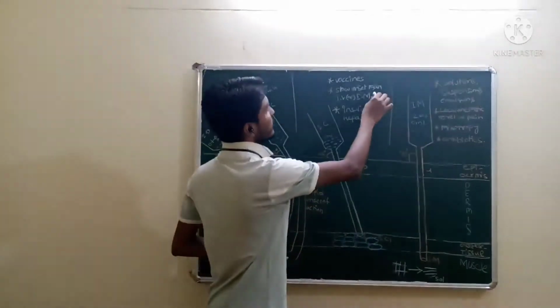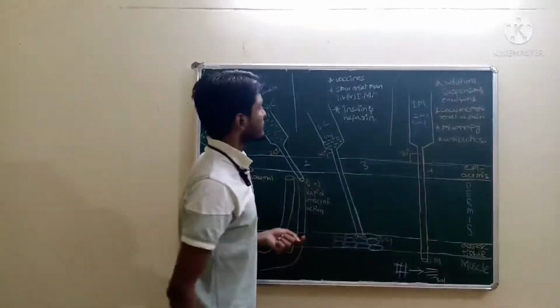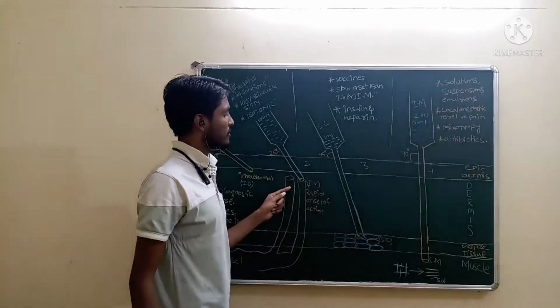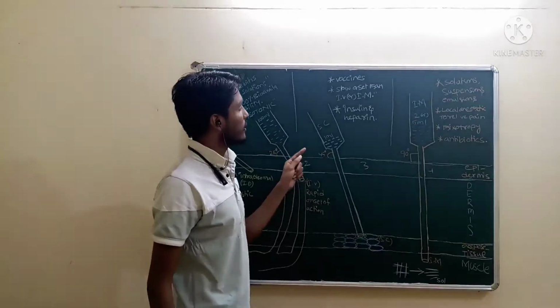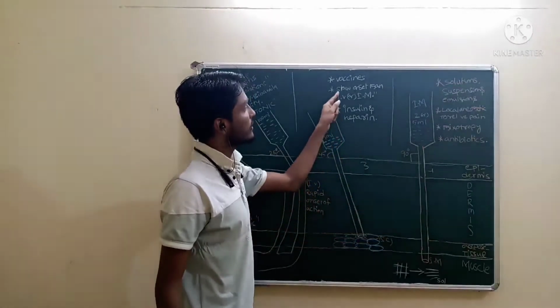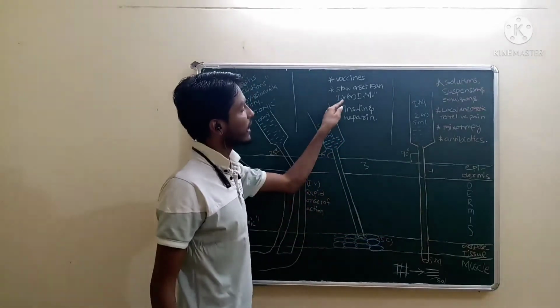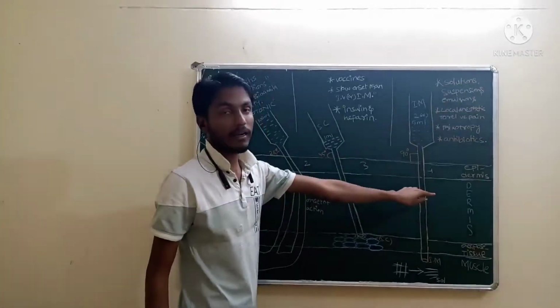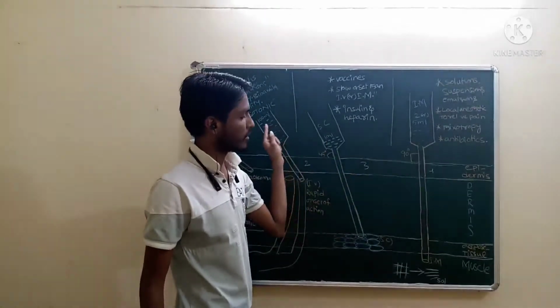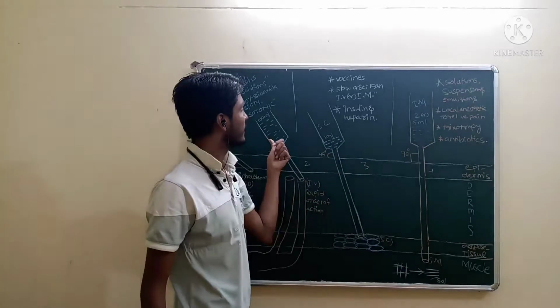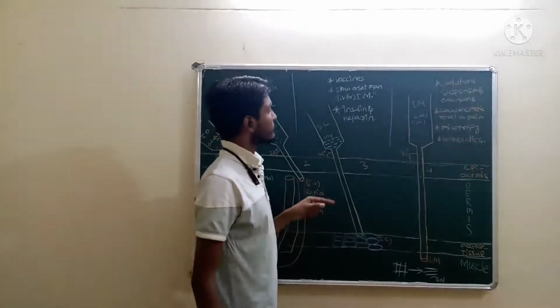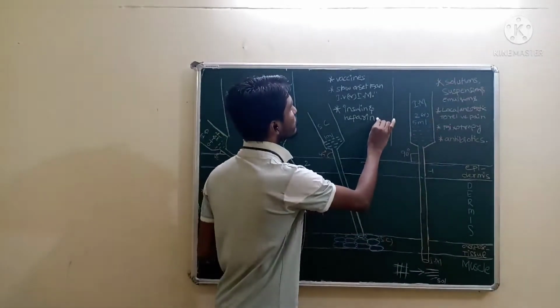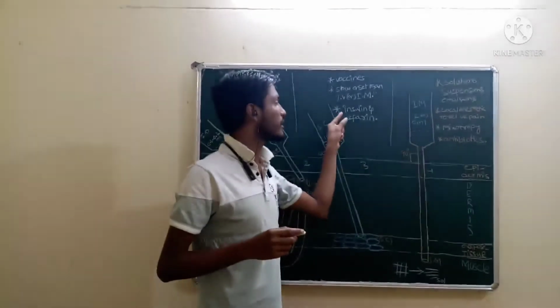Subcutaneous has slow onset of action, while intravenous has rapid onset of action. So what are the drugs we can give through this route? Insulin and heparin.